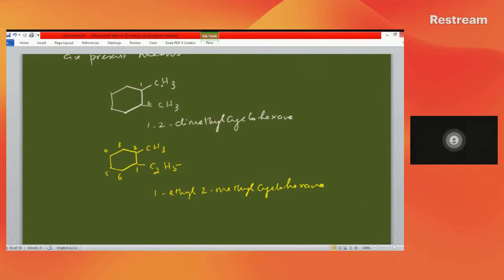When the alkyl groups are the same, the numbers can be given in any order. But when the alkyl groups are not the same, you should prefer the higher alkyl group having more carbon atoms. And alphabetical order shows that ethyl should come first. And due to that, we write it as 1-ethyl-2-methylcyclohexane.